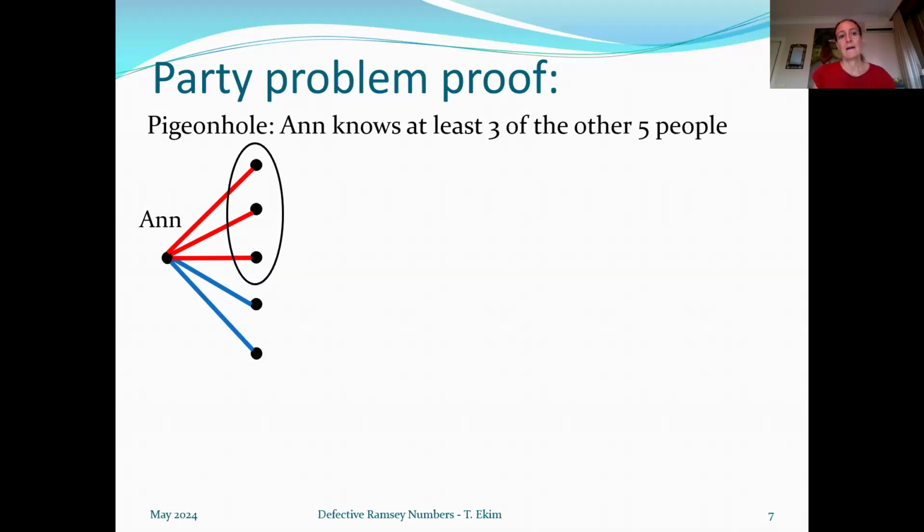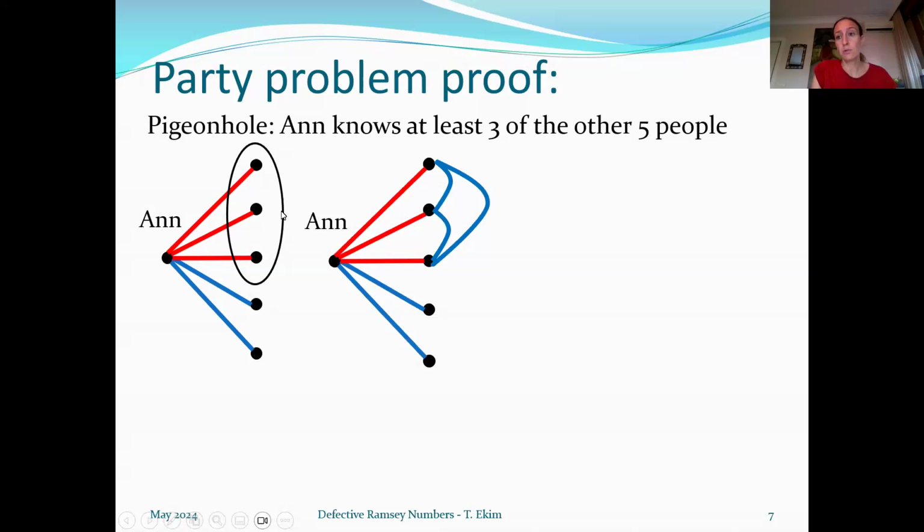Either among these 3 people there are 2 linked with a red edge, in which case, together with Anne, that will form a red triangle, or none of them is red among these 3, which means that they're all blue. Then here is the blue triangle, right? Okay, so this mainly proves that the Ramsey number of order 3 is at most 6.